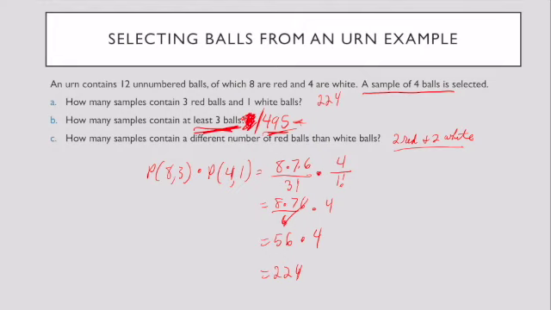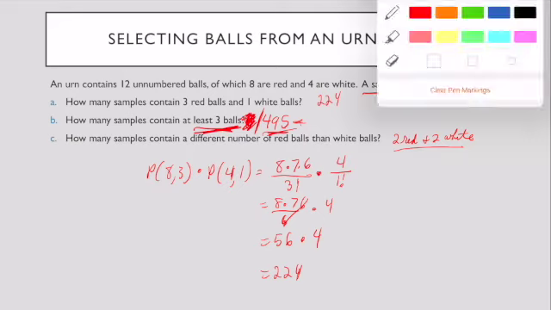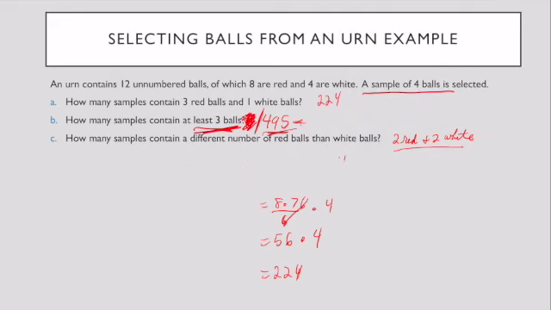For this last problem, if I know how many samples have exactly 2 red and 2 white, I'll be able to solve this problem. So I'm going to go ahead and clear a little bit more space and change color while we're at it. So this is going to be another multiplication principle problem.